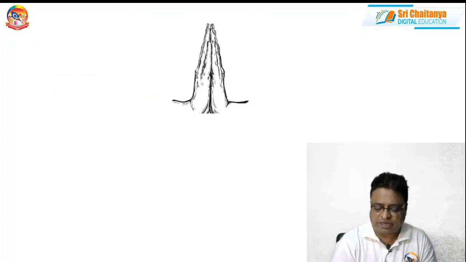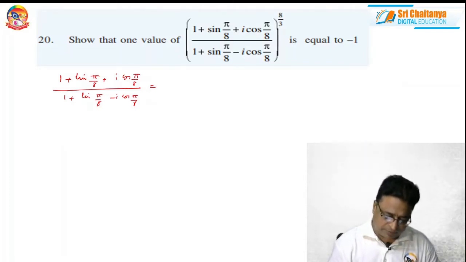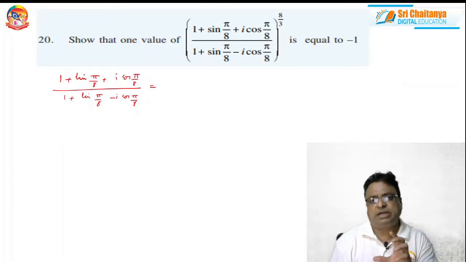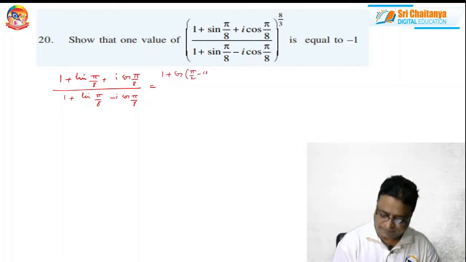Here, what I'm doing is, I am writing sine in terms of cos. So this I can write as 1 plus cos(pi by 2 minus pi by 8) plus i sin(pi by 2 minus pi by 8).